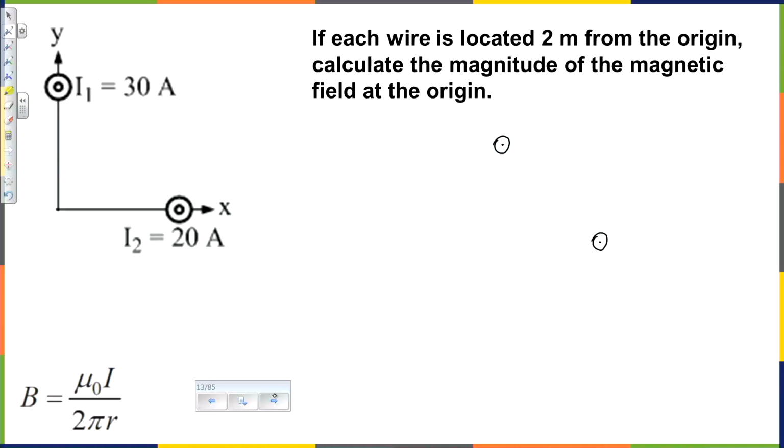So you don't have to do it every time. You can just remember it. And here we have magnetic field lines number one, magnetic field lines number two. You see, they don't look differently.